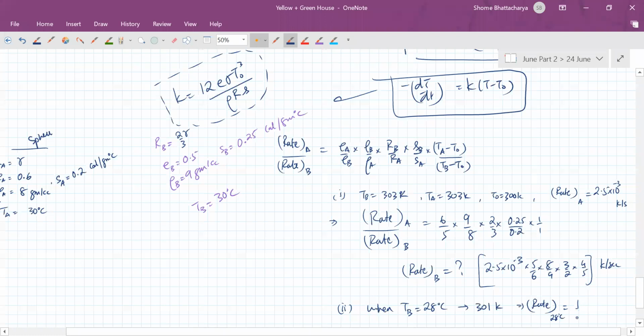So this rate will become 1/3 of the rate that you calculated above for the temperature being 30 degrees C. So whatever rate you get over here, you just substitute that value here and you will get the rate when the temperature is 28 degrees C. So it's quite easy really. But it is important that Newton's law of cooling doesn't really give any information about the constant of proportionality in its original statement. But when you apply the additional knowledge from Stefan's law of radiation, then you understand what that constant of proportionality exactly is and how it depends on all these factors.